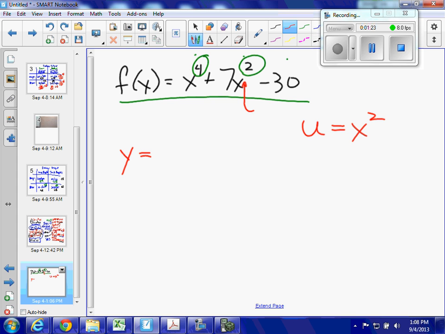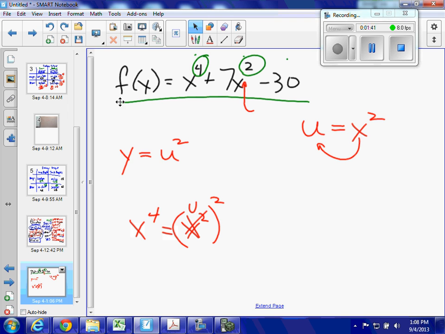I have y equals u squared, because x to the 4th is the same thing as x squared squared. And I've already told you that x squared is equal to u, so I just changed this out for a u, plus 7u, because x squared is equal to u, minus 30.